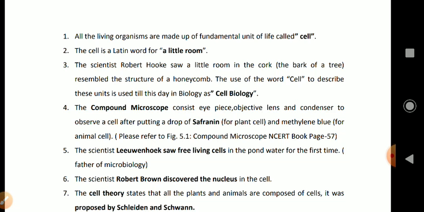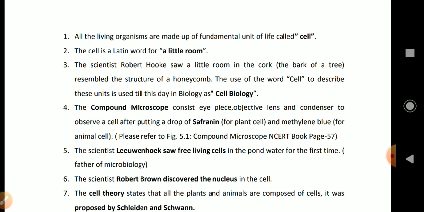Now the question arises, who discovered the cell and how? The scientist Robert Hooke saw cork under his microscope. He saw a structure like a honeycomb, with small compartments.